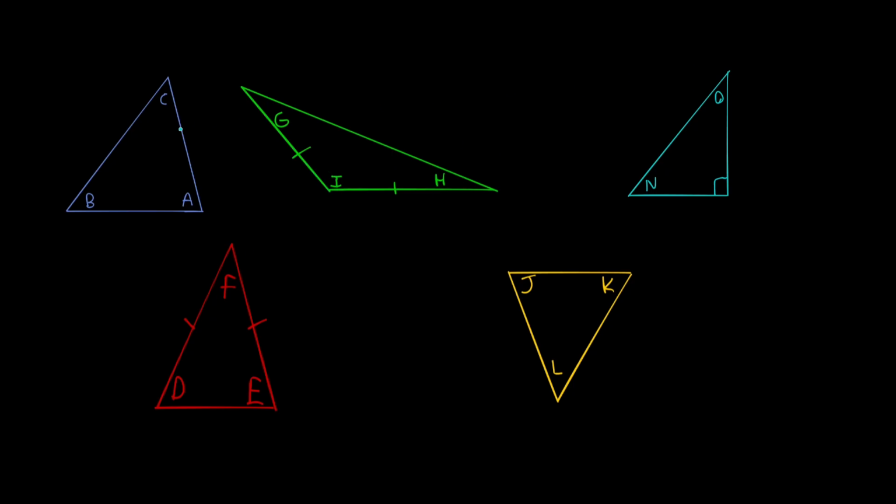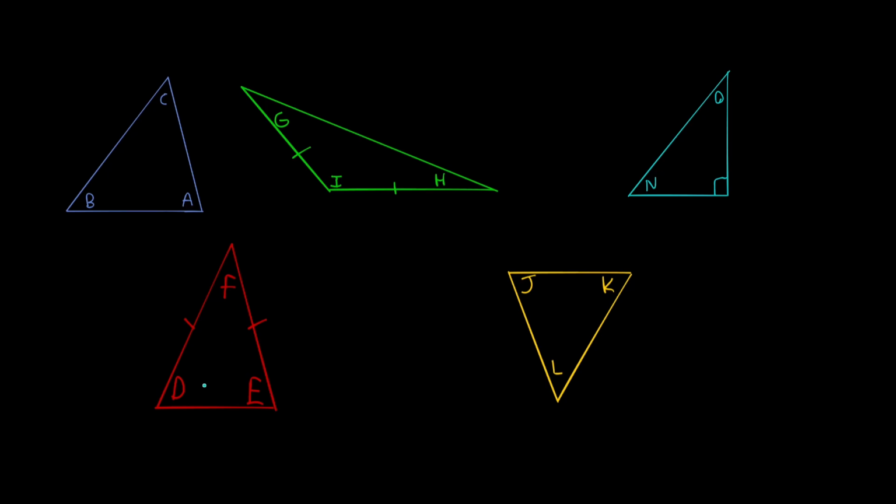So, with respect to what these triangles are, triangle ABC is going to have 3 different angles. And if a triangle has 3 angles of different magnitude, or they're a different number, then we say that it is a scalene triangle. Basically, it has 3 sides of different lengths. JKL, which had 3 different angles, is also going to be a scalene triangle.